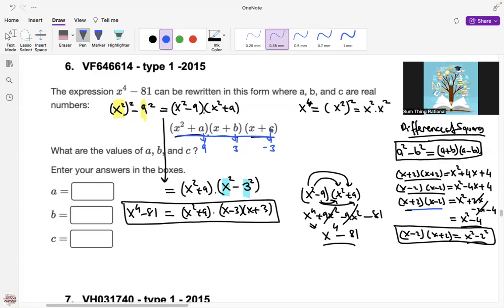But when I choose x plus negative 3, that is x minus 3, or x plus 3 as x plus 3. If I choose b as negative 3, then c I need to choose positive 3, okay? Vice versa. But both negative 3 or both positive 3, I cannot choose. Because of that, I should write 9, 3, and negative 3. If you write another version, 9, negative 3, and positive 3.